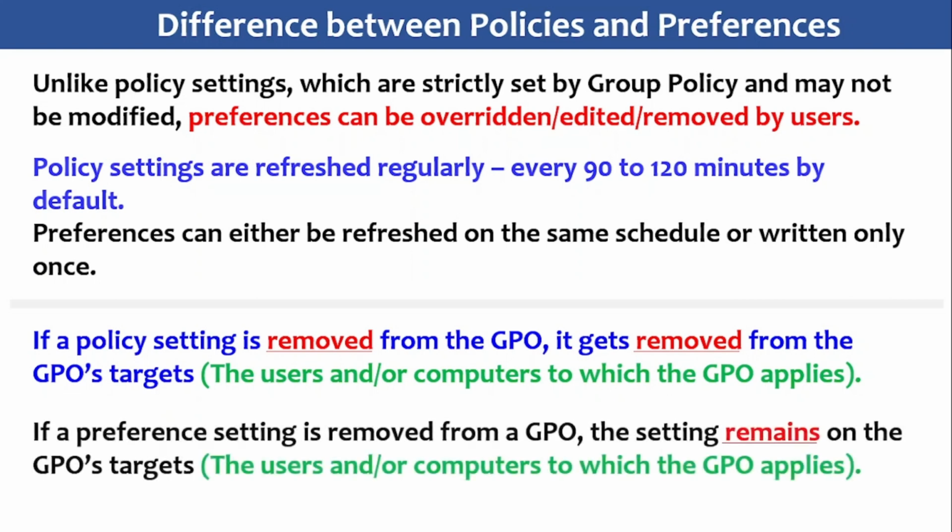But this is not the case with preferences. If a preference setting is removed from the group policy object, the setting remains on the group policy target. So we have to explicitly remove it. If you have enabled it, you have to disable it.